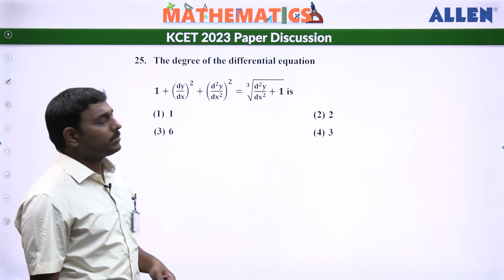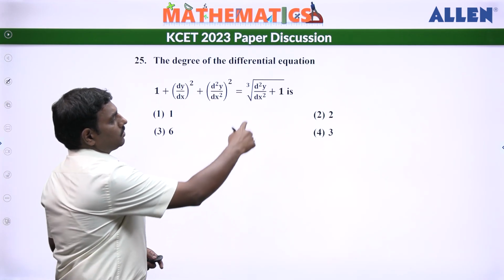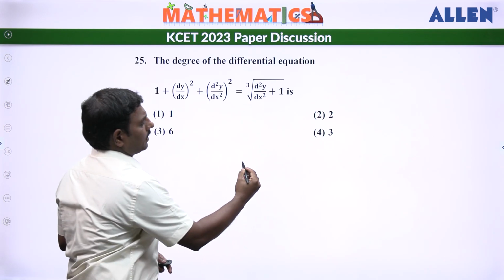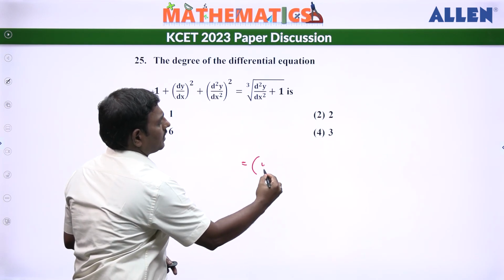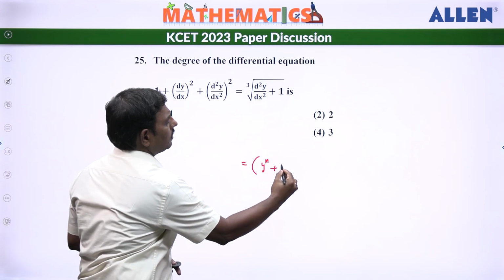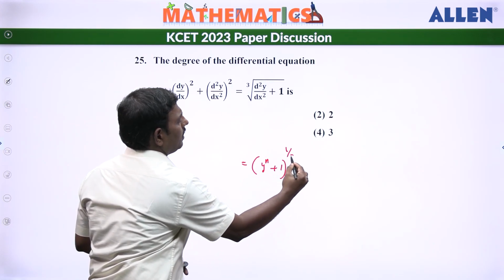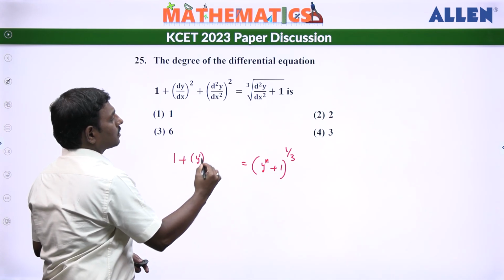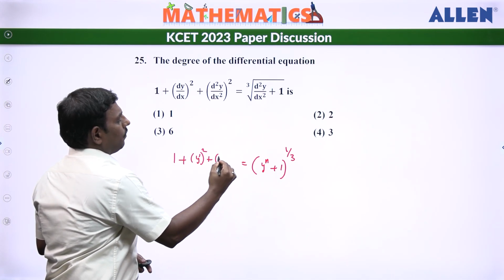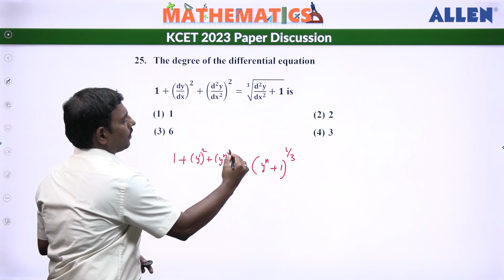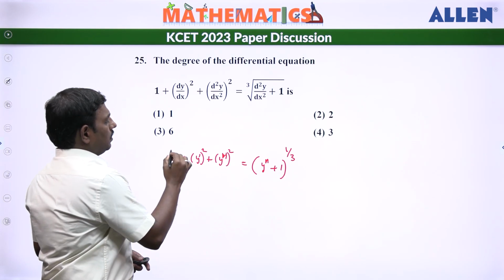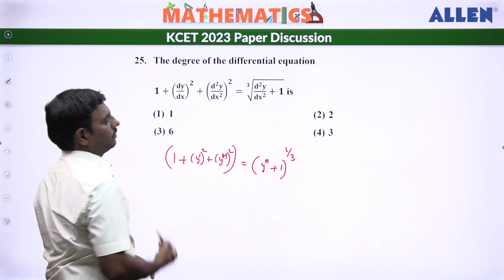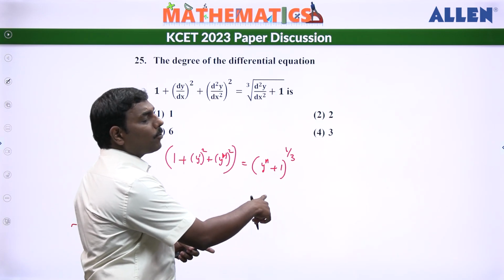Question number 25 is a basic differential equation. You can observe here the power is 1 by 3 of the derivative. So basically it is y double dash plus 1 whole to the power of 1 by 3, and on the LHS 1 plus y dash whole square plus y double dash whole square, whole to the power of 1. But this is not a polynomial.